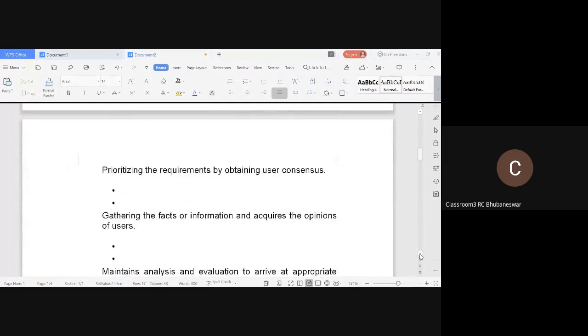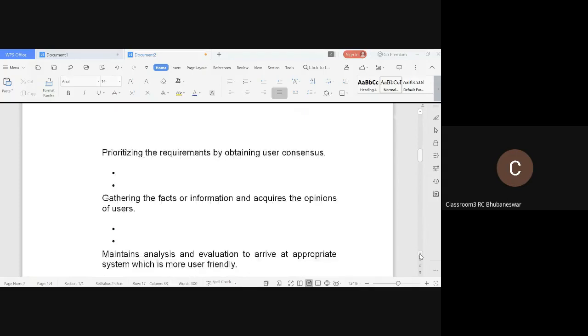Then he should be able to prioritize the requirements according to user consensus, meaning which task is given more priority. So it depends on the user consensus. Also, he should gather facts or information and acquire the opinions of users, meaning the feedback.